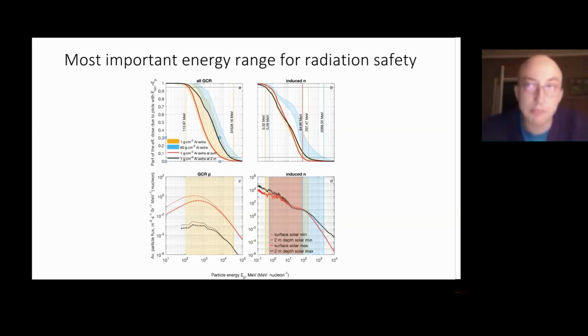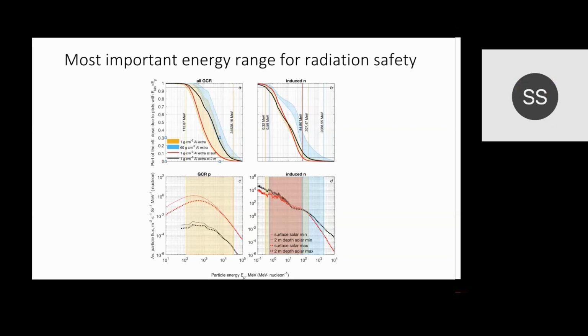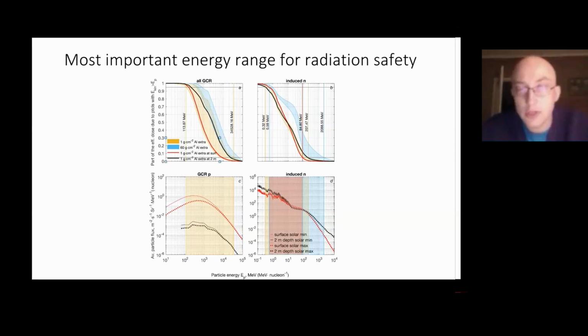What can be interesting, from our model we get the contribution of particles with different energy to the effective dose. This information can be used to design, for example, radiation dosimeters.